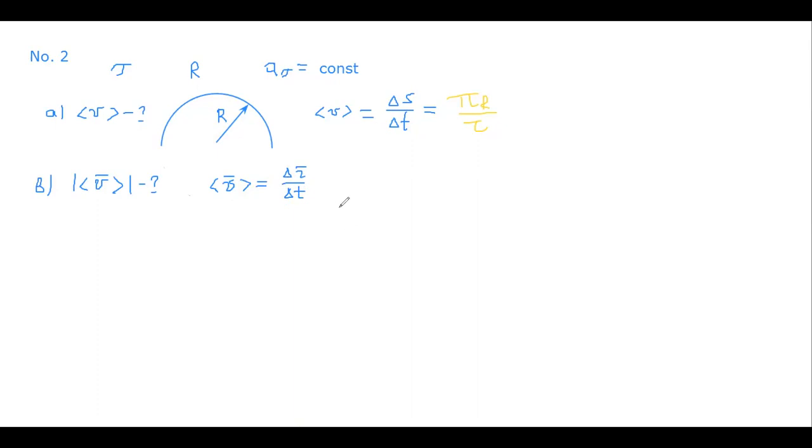We can also write this in the next way: R2 minus R1 divided by delta t.